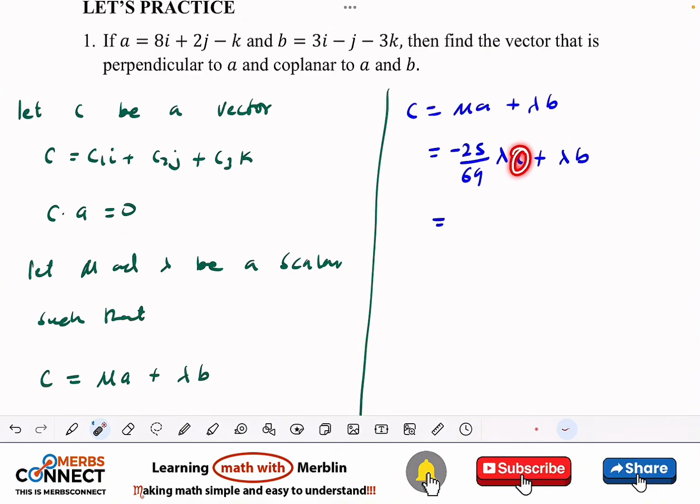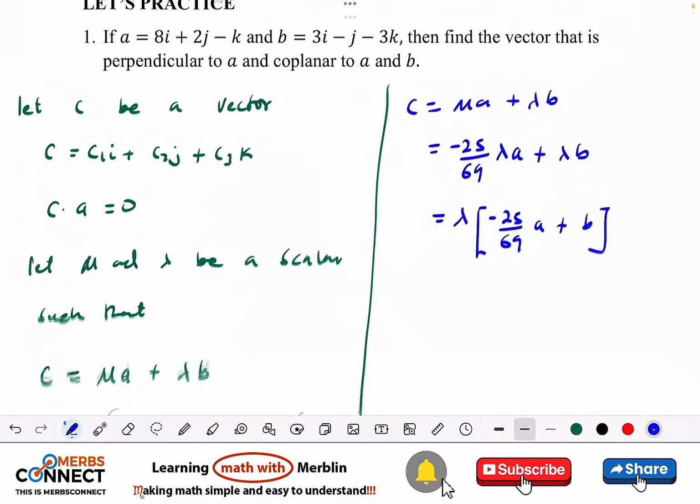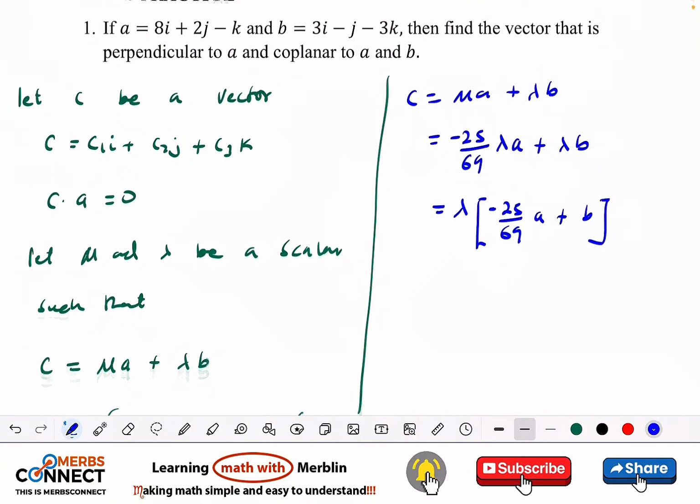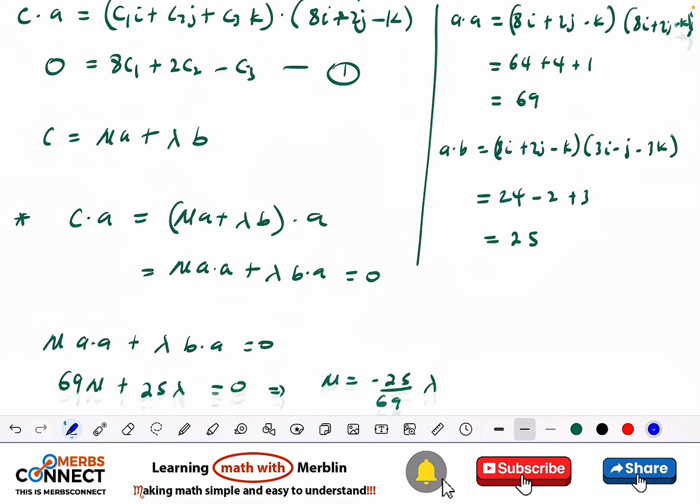We know A, we know B. This is the same as, I can factor lambda out. So I'm going to have lambda times minus 25 over 69 A plus B. So let's do that.